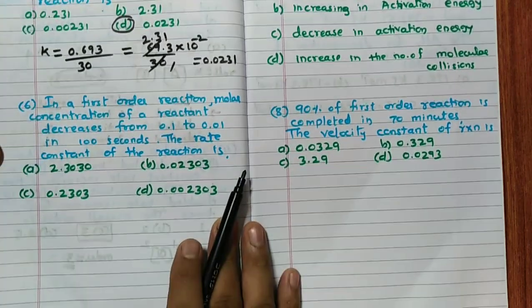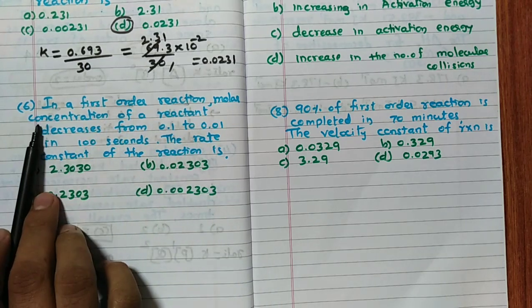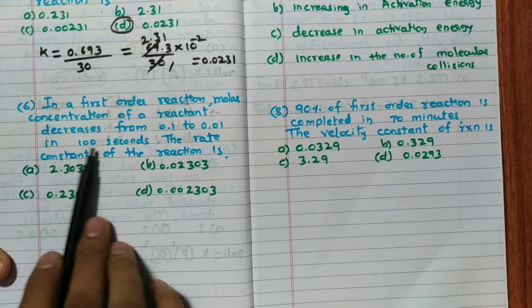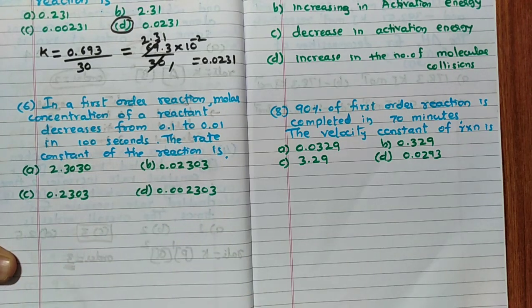See that. Now, in a first order reaction, the molar concentration of the reactant decreases from 0.1 to 0.01 in 100 seconds. The rate constant of the reaction is?